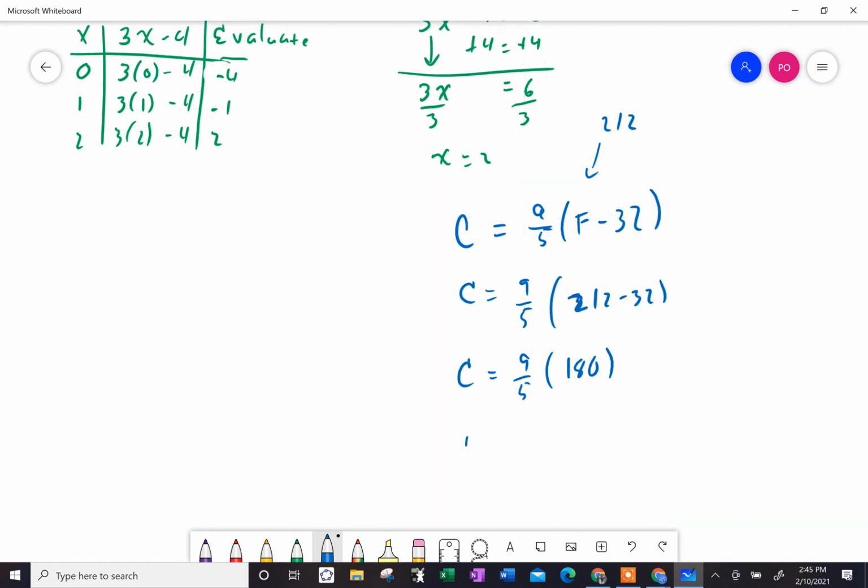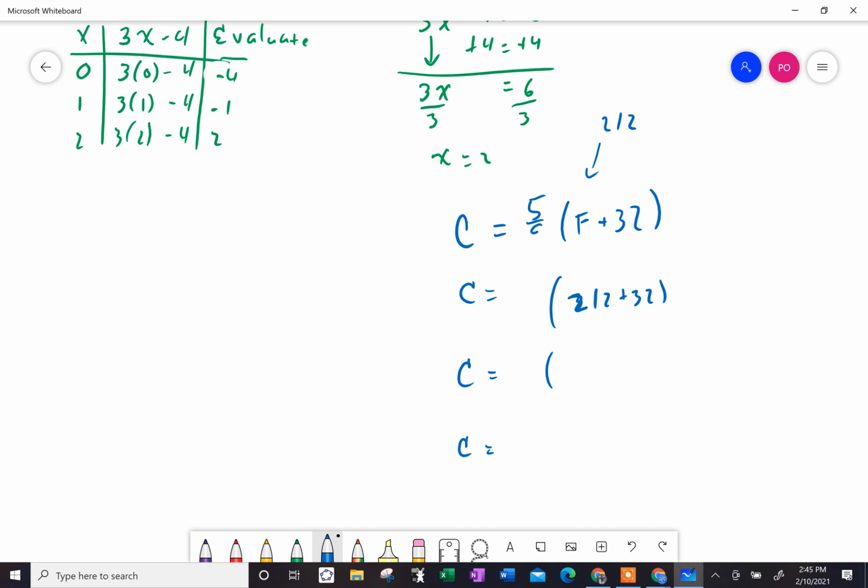Wait a second, it's not right. Oops. I think it's supposed to be 5/9. That's why.